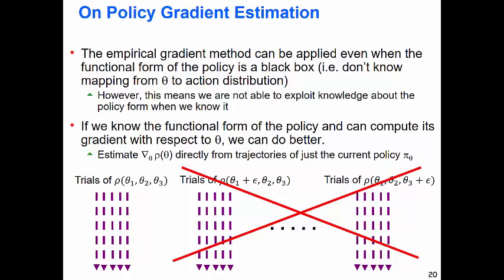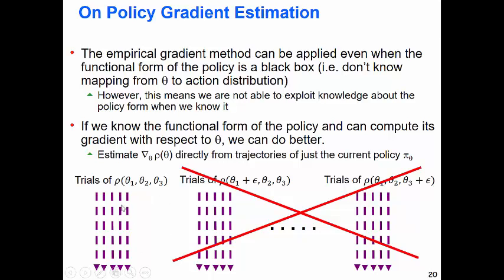And it did not try to exploit any structure in that black box. And what do we know about this black box? Well, we know it's a Markov decision process. We also know the form of the policy. It's a parameterized policy, and we know it. We should be able to exploit that information to do better than what we just talked about, where you have to run so many trajectories.